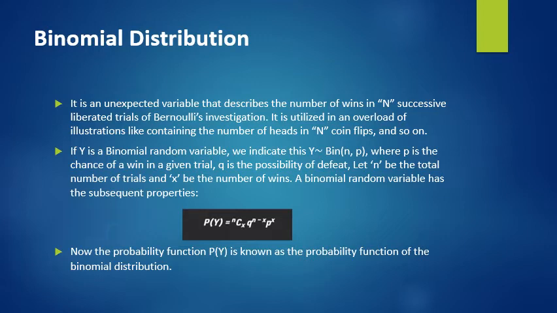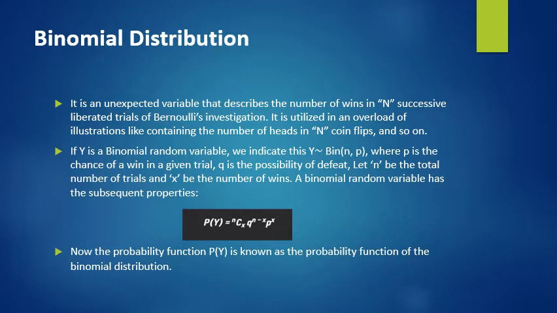It is a random variable that describes the number of wins in n successive independent trials of a Bernoulli experiment. It is utilized in everyday illustrations like counting the number of heads in n coin flips and so on. If y is a binomial random variable, we indicate this as y being binomial (n, p), where p is the chance of winning in a given trial. q is the possibility of defeat.